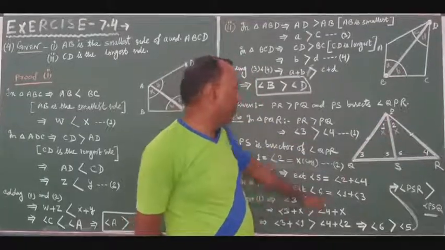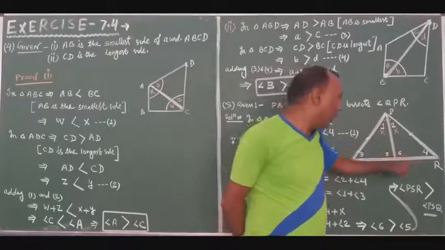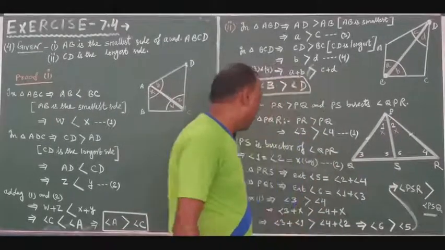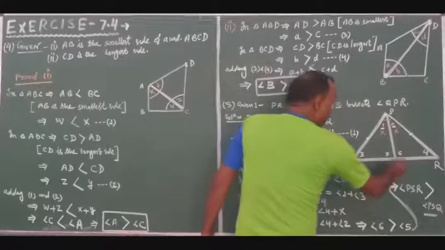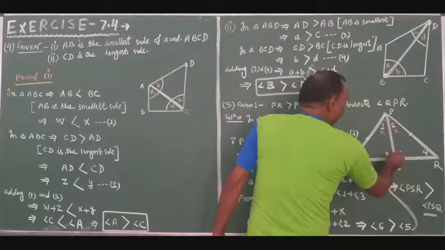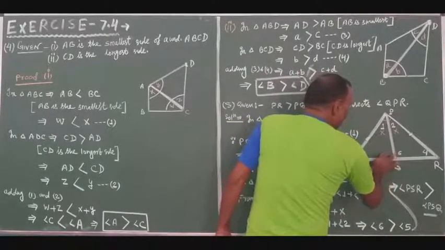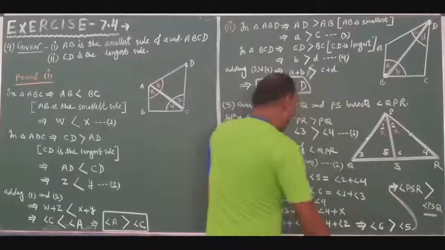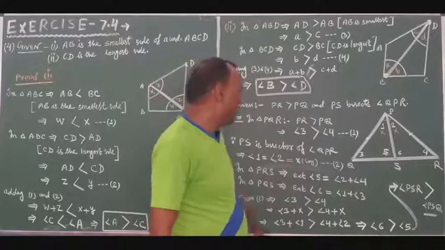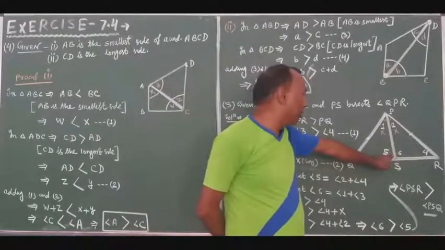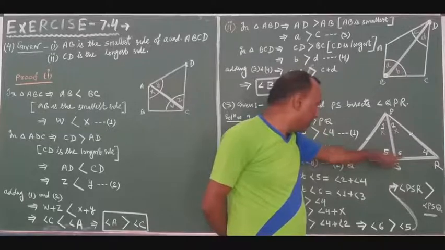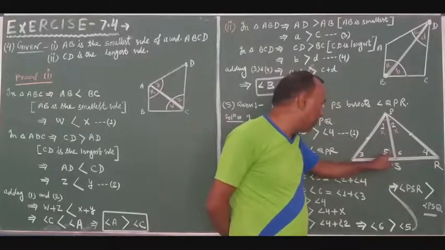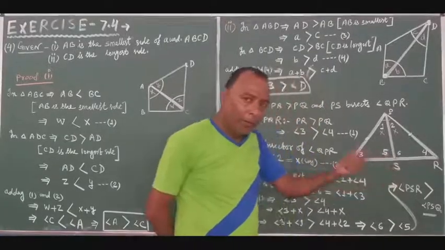Now, just look at the right hand side triangle PRS. For this triangle, angle 5 is exterior. So angle 5 will be equal to the sum of two opposite interior angles.